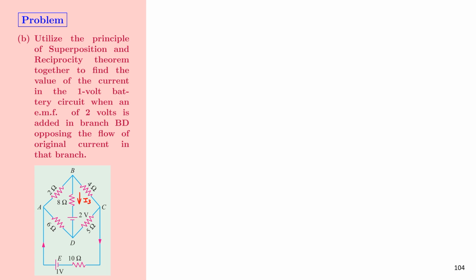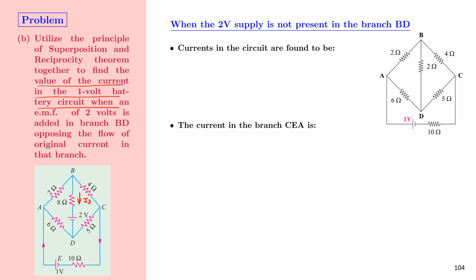We have to calculate the value of the current in the 1 volt battery circuit when we add the 2 volt supply in branch BD, and that has to be done using the superposition and reciprocity theorem. Let's see how. In part A, we only had the 1 volt supply in the circuit, and the various currents were I1, I2 and I3.